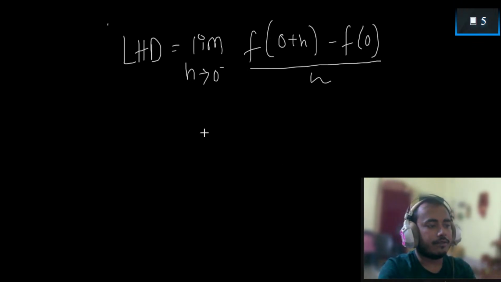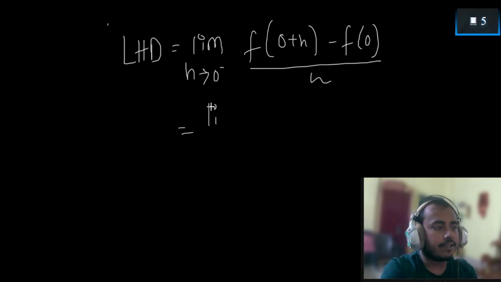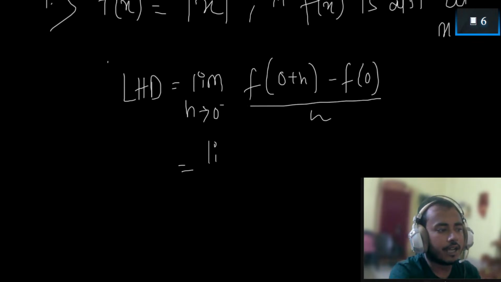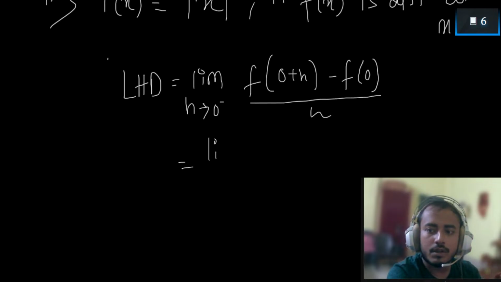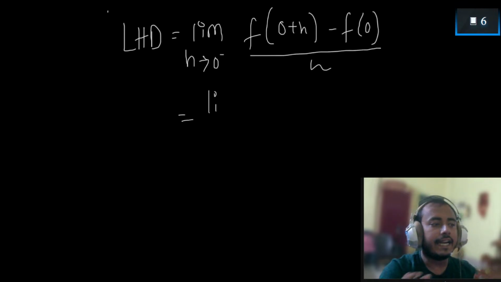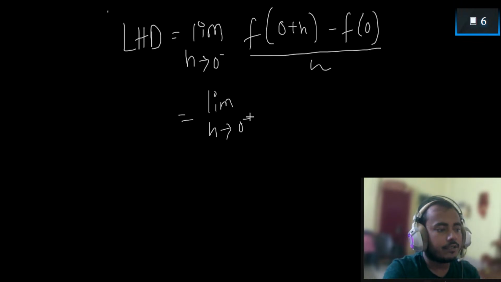Now, how do you find the value of this? Since f of 0 is 0, if you put 0 in the function f of x equals mod x, f of 0 becomes 0. Now, in the left-hand derivative, we want to see what this limit becomes.